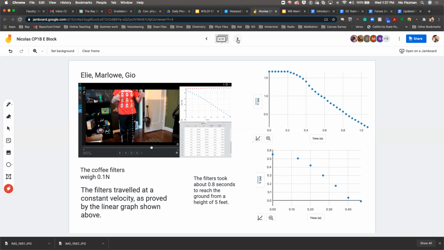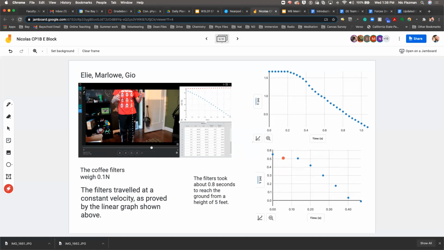Let's look at this data right there. Does that data indicate that the coffee filters are traveling at a constant velocity? Well, at the beginning of the coffee filter's descent, it is mostly slower just because it takes a while to reach its terminal velocity.